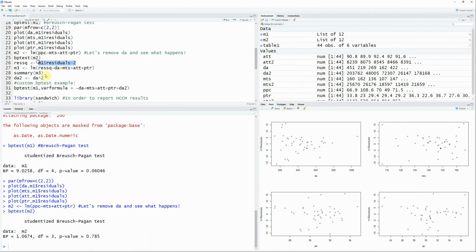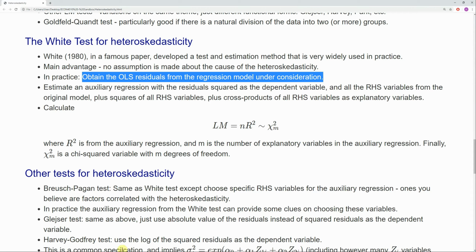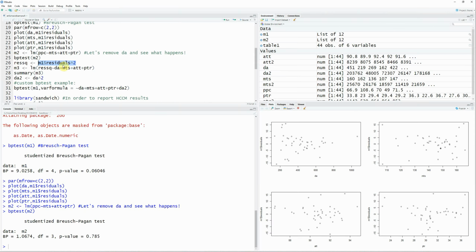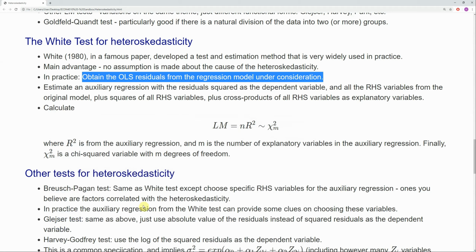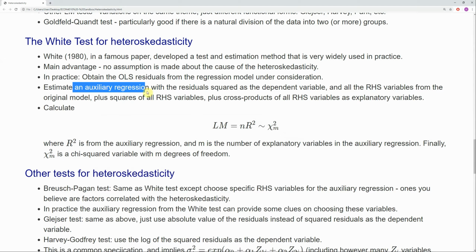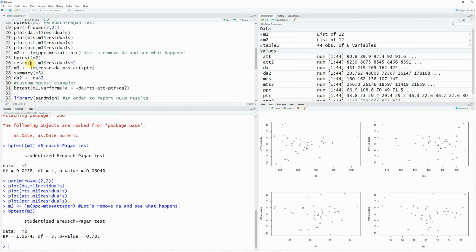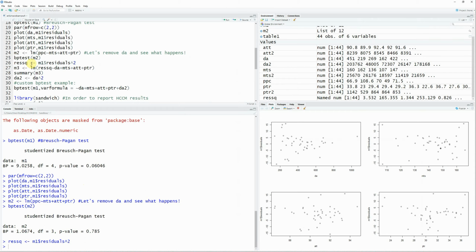I'm taking the residuals of it, obtaining all those residuals, and then squaring them. Estimate an auxiliary regression with the residual squared. So I get the residual squared, I call it ResSQ.